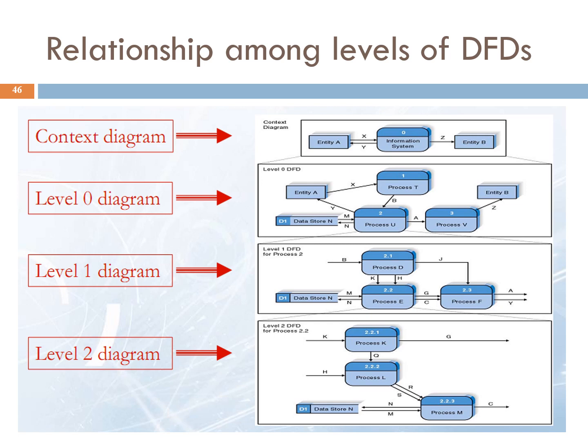This explosion comes from process 2.2 in level 1, so this level 2 diagram is called diagram 2.2. Remember, the name of the diagram reflects the number of the process that it comes from.